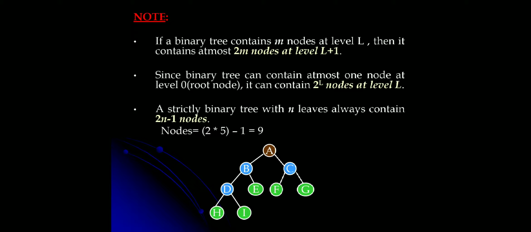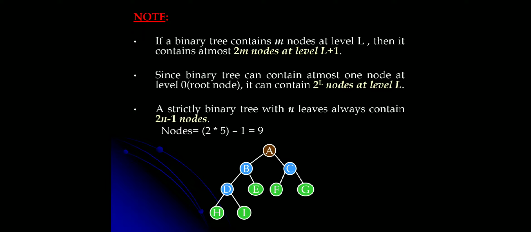The level number is 0, and there is 1 node. If there is one node at level 0, how many nodes do you find at level 1? It is 2 into 1, 2 nodes. Since at level 1 there are 2 nodes, in the next level, level 2, how many nodes will you find? It is 2 into 2, 4 nodes, etc.